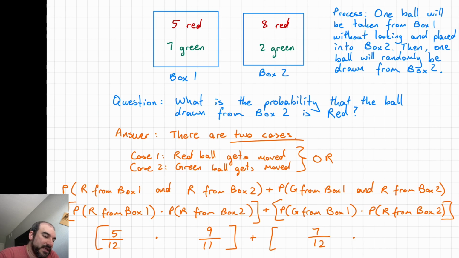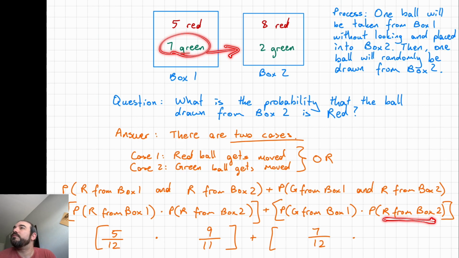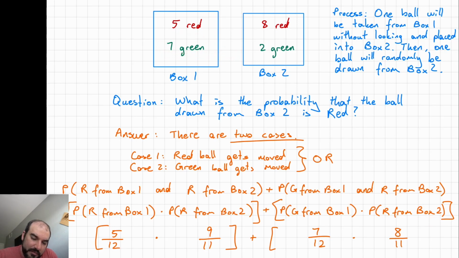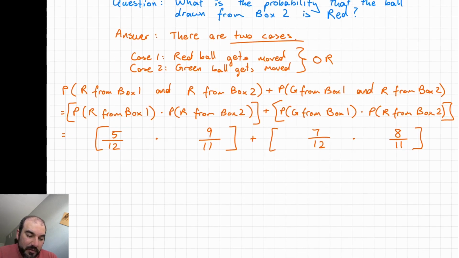And then in that situation where a green gets moved, what's the probability that we get a red from box 2? Good. 8 out of 11, because there are 8 reds, because the reds didn't change, but a green gets added here, so that becomes 3 greens, which means there are 11 balls, 8 of them being red.